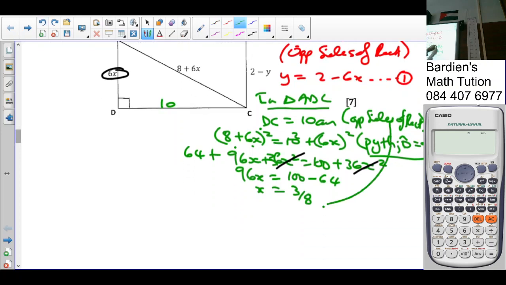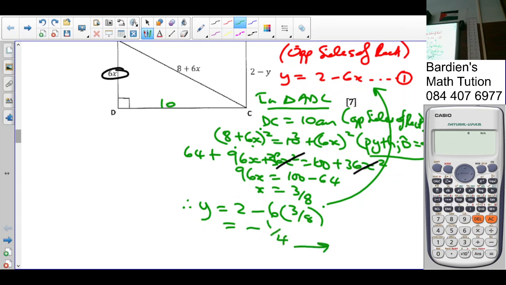This will now substitute into equation 1. So therefore y is now equal to 2 minus 6 times 3 over 8, which is negative 1 over 4.